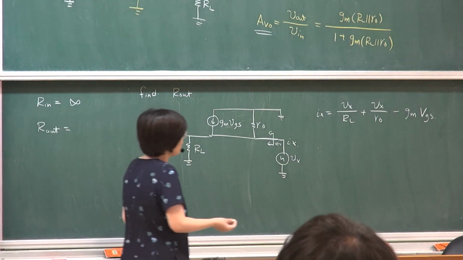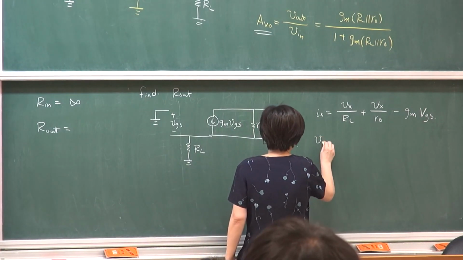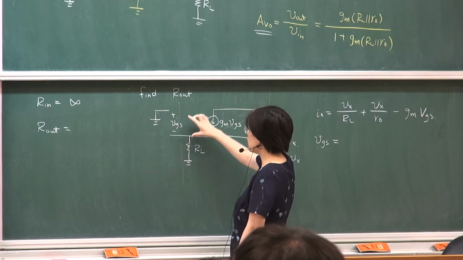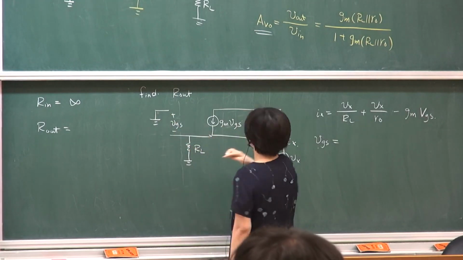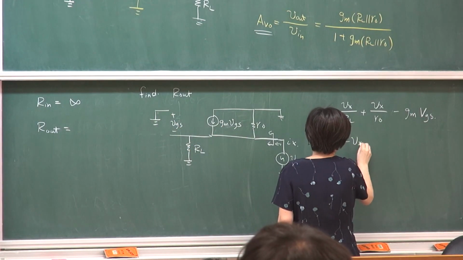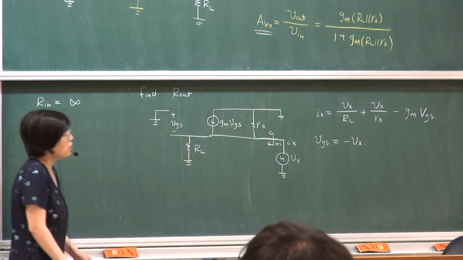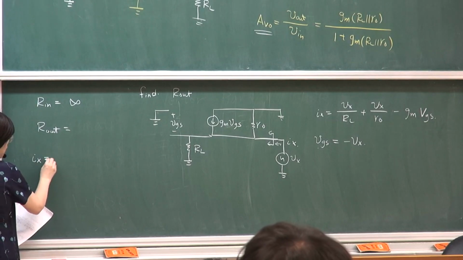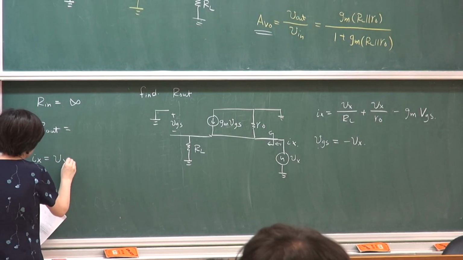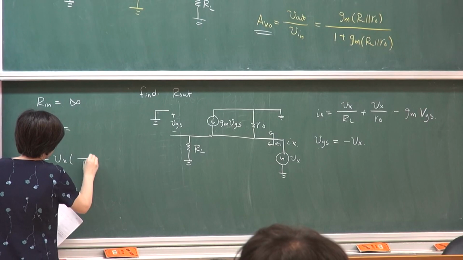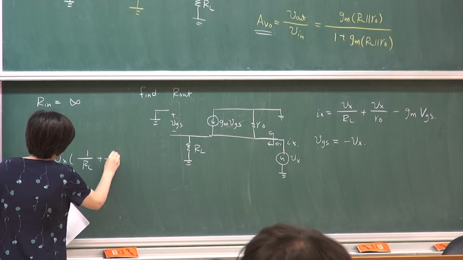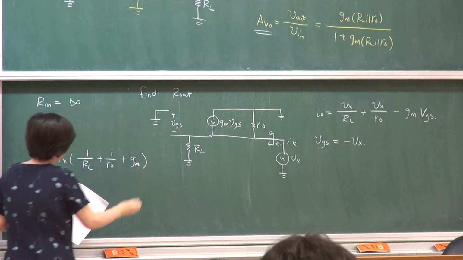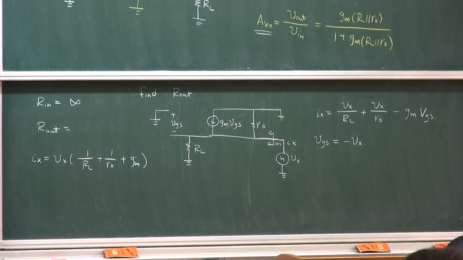And because I know what VGS is, in this case, because my input is grounded, VGS equals minus VX. So you simply insert that, and we should be able to get my IX. I'm just writing it over here. It will be VX over R load plus VX over RO plus GM VX.